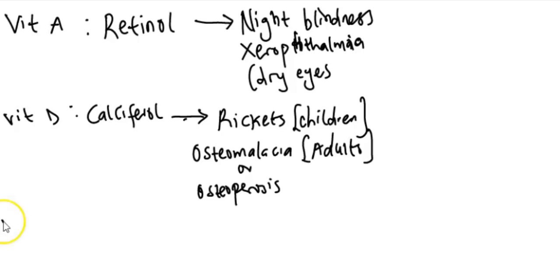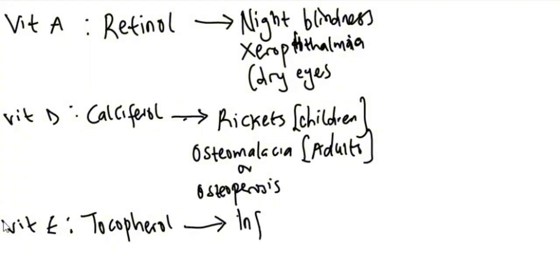Now vitamin E is called tocopherol. Deficiency of vitamin E will result in infertility in animals, and also cause what now?